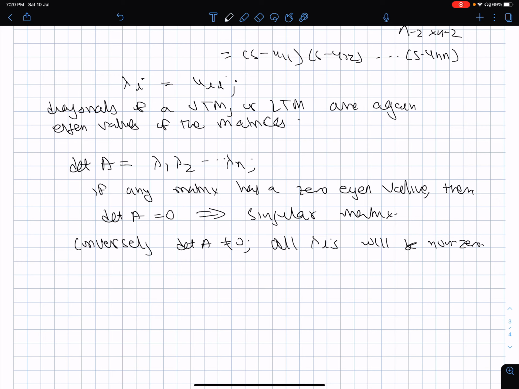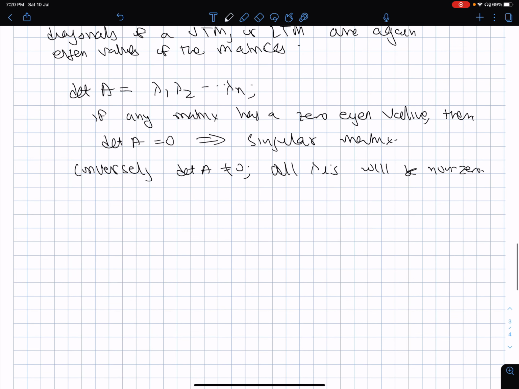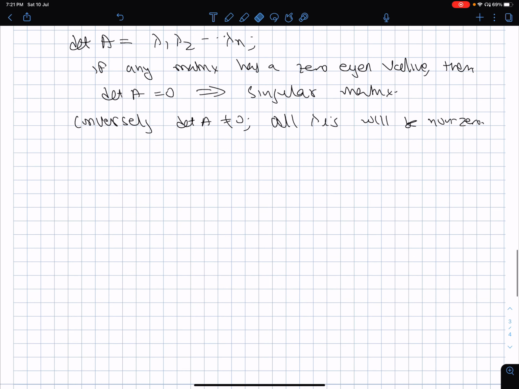So this connects eigenvalues to the determinant of the matrix, and therefore you can also say that the determinant of an upper triangular or a lower triangular matrix is nothing but the product of the diagonals of the corresponding matrices. Incidentally, the sum of eigenvalues is also called the trace. All right, let's not get into this.